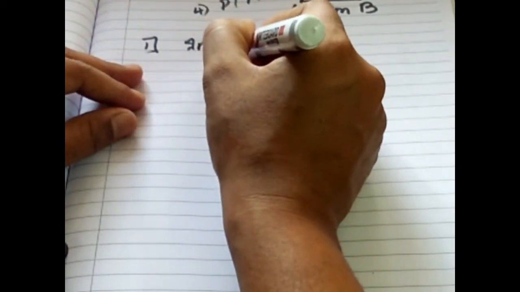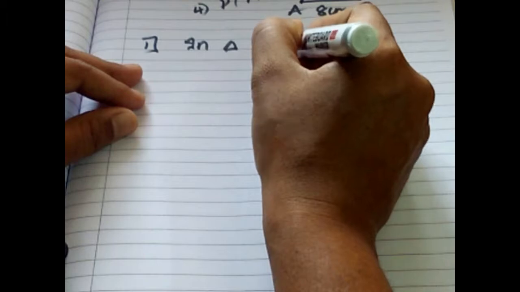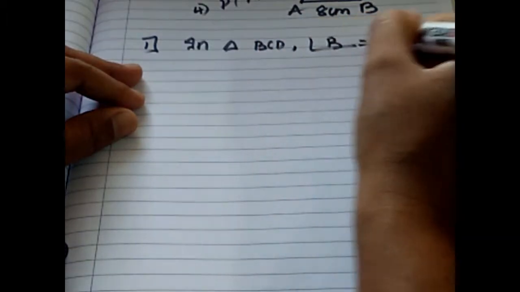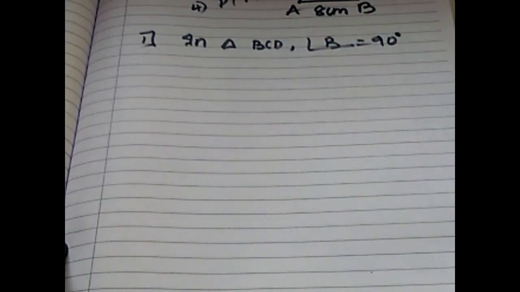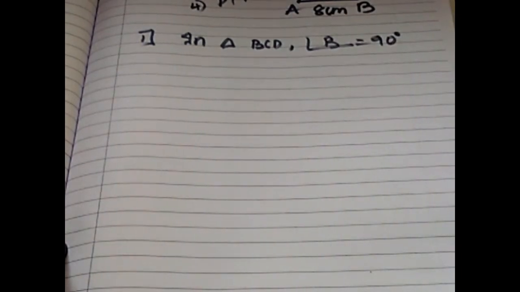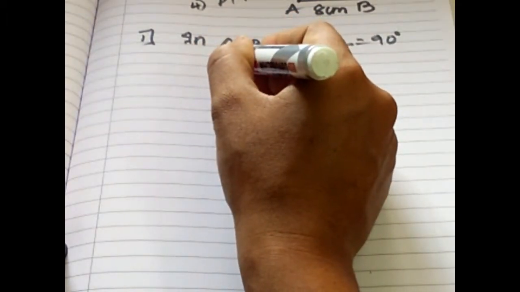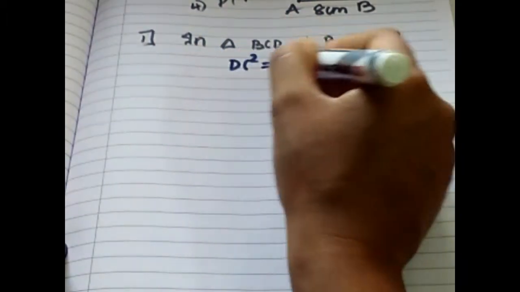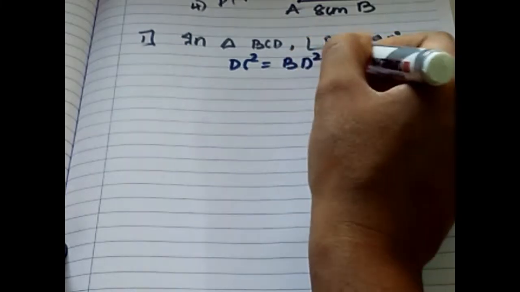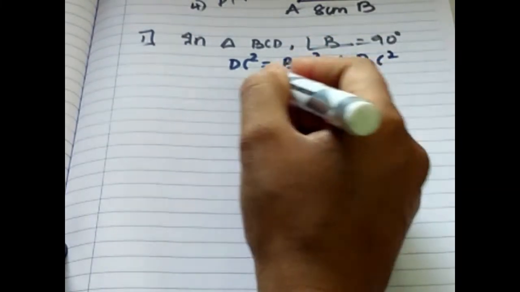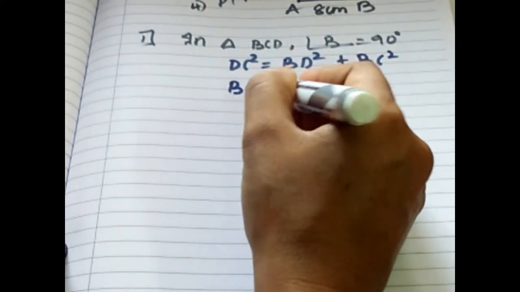So first step. In triangle BCD, angle B is equal to 90 degrees. Therefore, by the Pythagoras theorem, DC square is equal to BD square plus BC square. So I need to find BC.